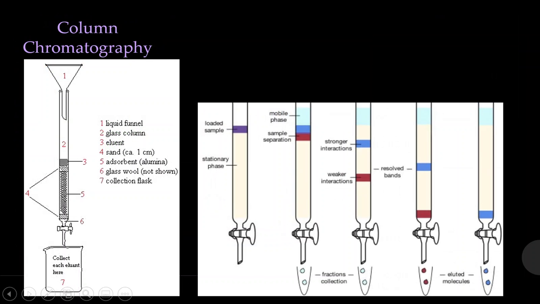Now for column chromatography. In column chromatography, they use like a big burette type setup. There's a stationary phase that has the silica gel or alumina, which is considered to be a polar substance.